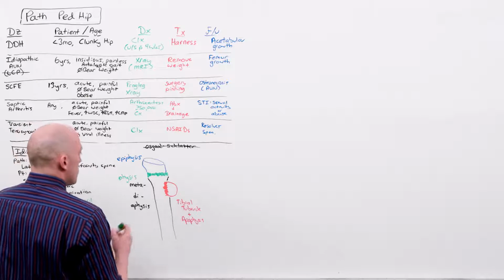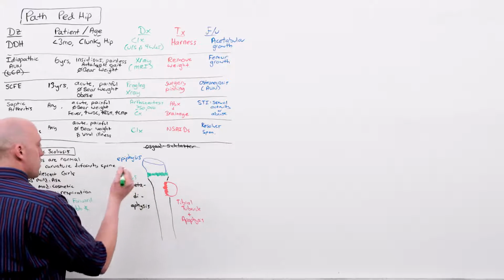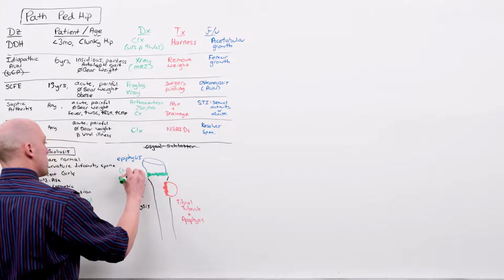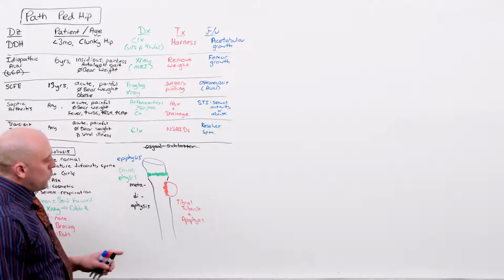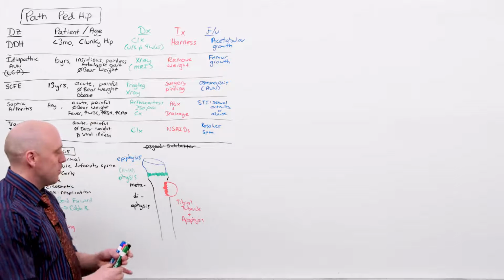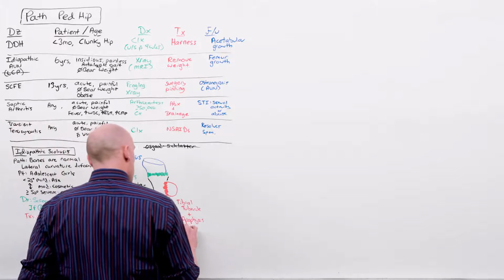The physis, separating the epiphysis from the metaphysis, fuses usually between 11 and 14, but the apophysis of the tibial tubercle doesn't fuse until around 18.